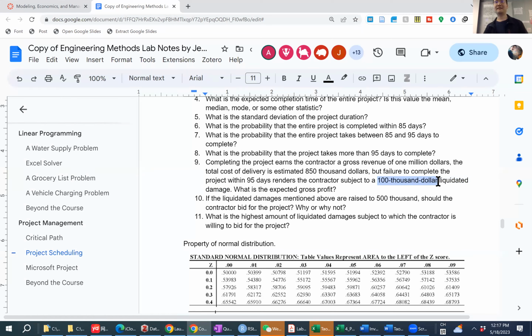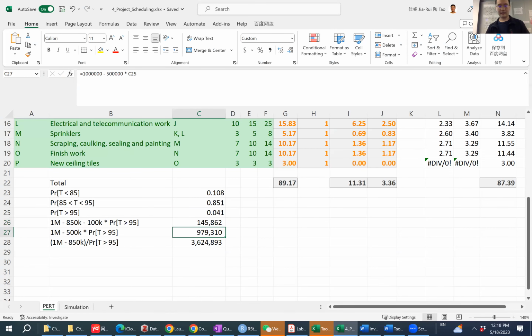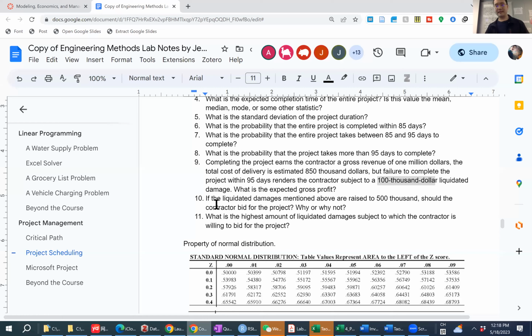However, this doesn't happen for sure. There's a probability associated with it, so the expected value or the expected loss from this liquidated damage is this total quantity, 100,000, times the probability associated with it. That's how I got this quantity that represents the expected value. That's 146,000.